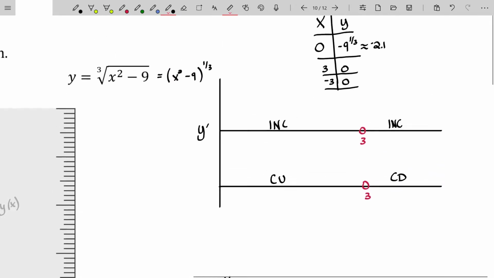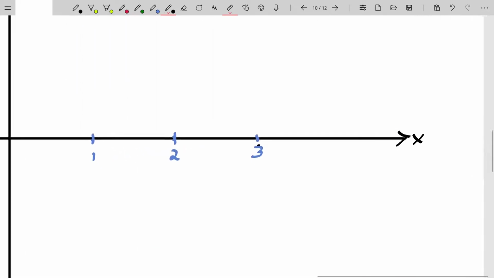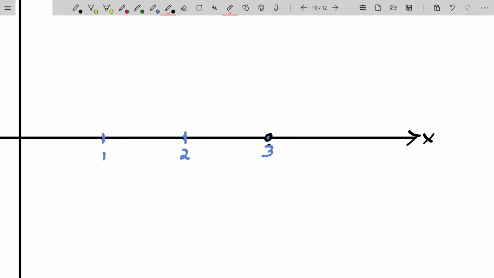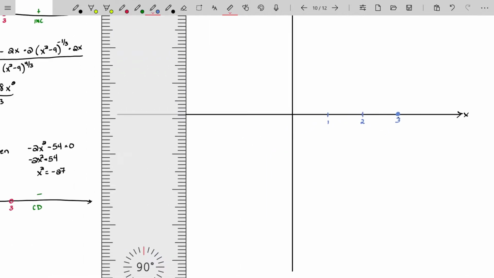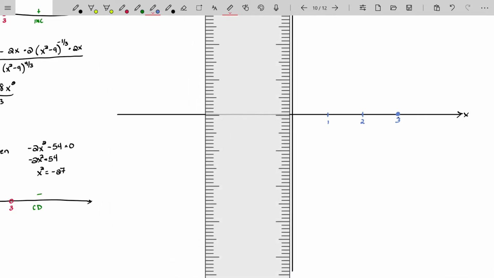Let me plot (3, 0) and (0, negative 2.1). (3, 0) is right here. Oops, except I don't want to use that. I want to use blue ink here. So (3, 0) and (0, negative 2.1). And I'll try to use the same scale that I used for my x-axis.